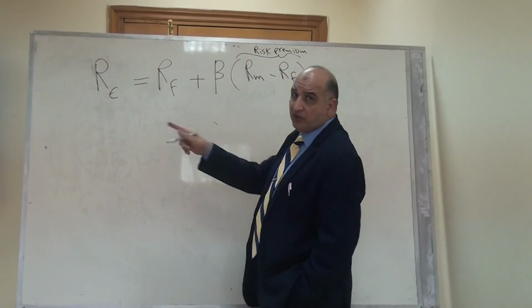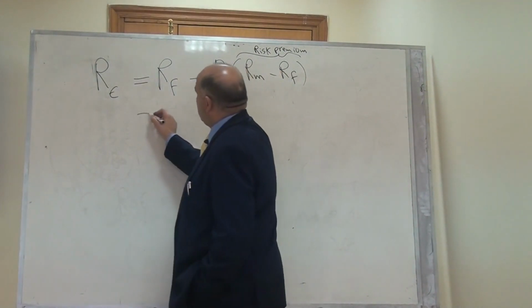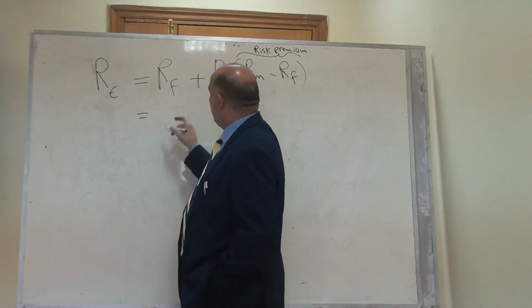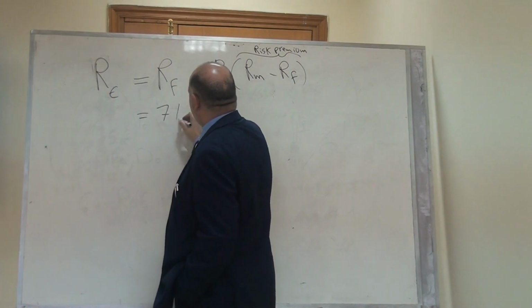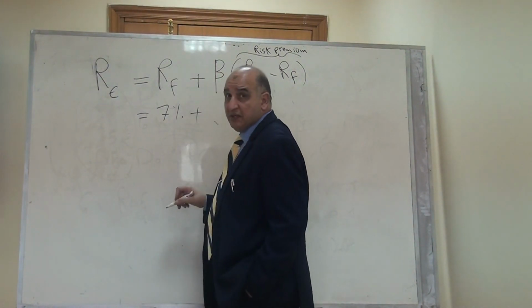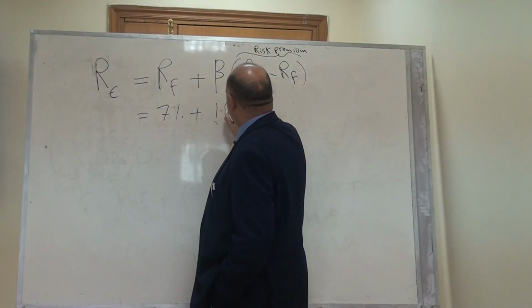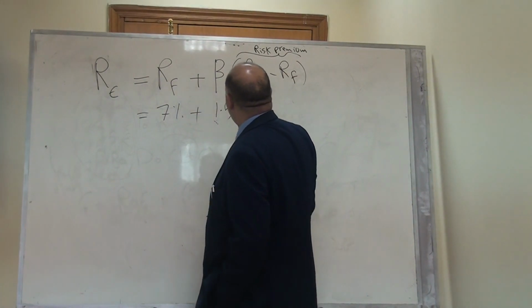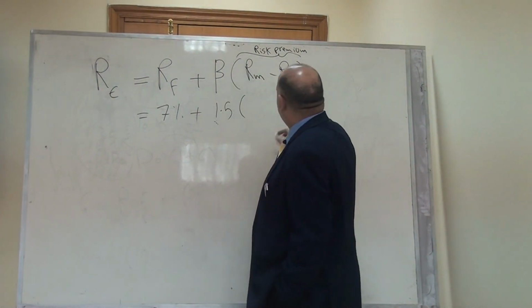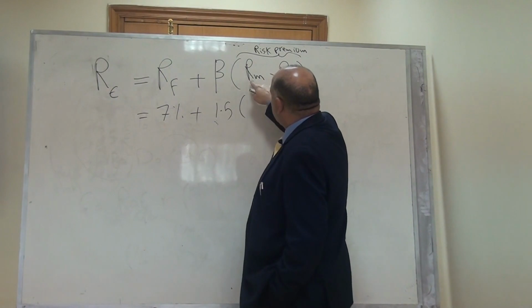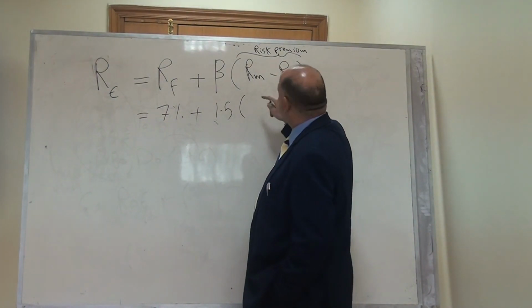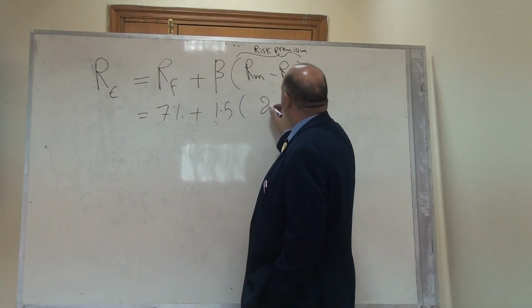According to our example, the cost of equity equals RF, which is 7%, plus beta, which is 1.5, multiplied by RM minus RF, the risk premium, which equals 8%.